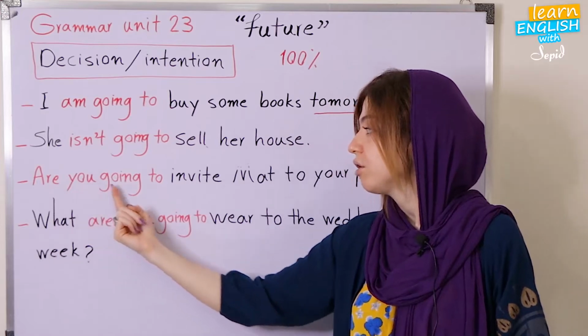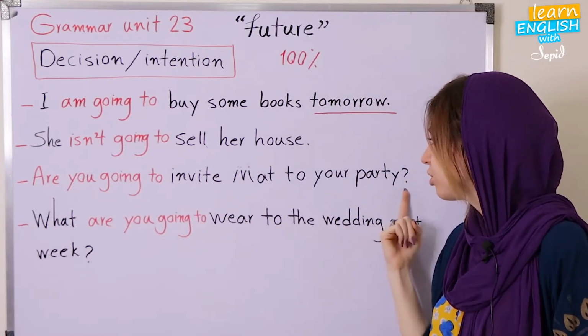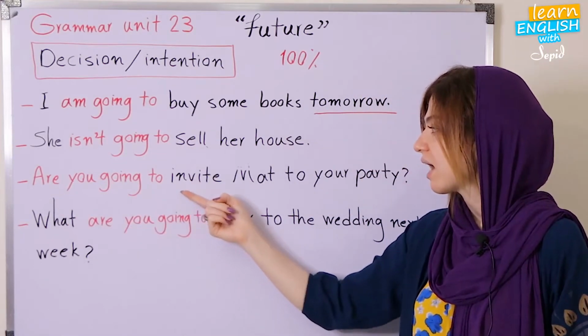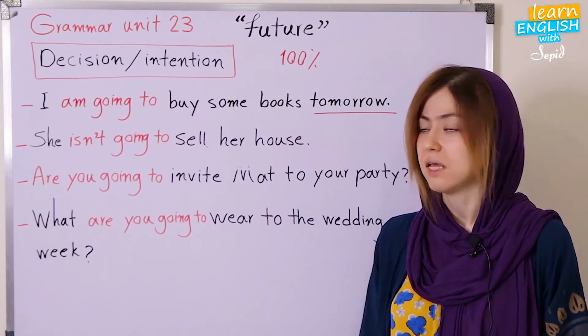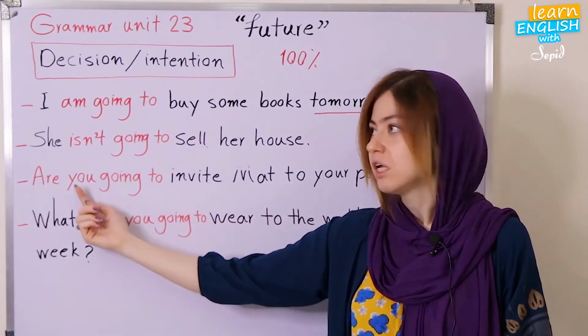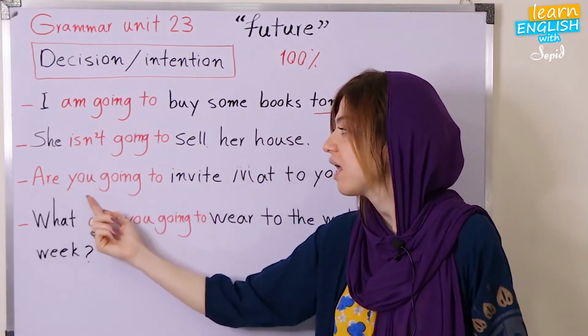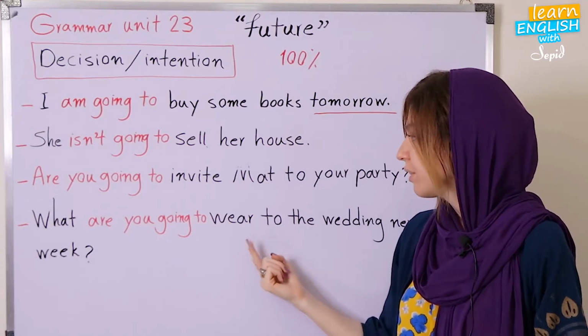So, are you going to invite Matt to your party? Or, are you gonna invite Matt to your party? That's the case. So, for she, is she gonna? For they, are they gonna? Like this.